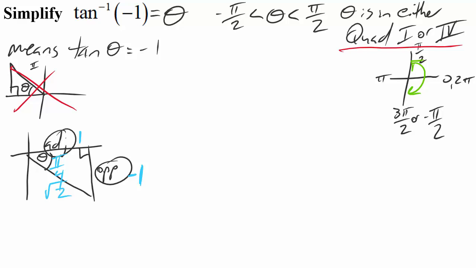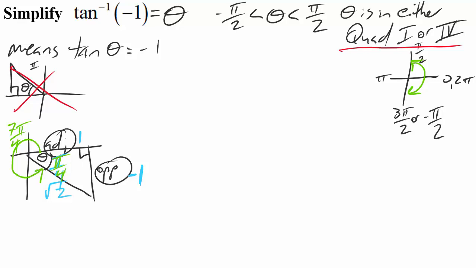Now if we were to look at our regular theta from here, and we're going all the way around until we get into quadrant 4. Now we know the reference angle, again, was pi over 4. So going in the positive direction, that tells us that our angle measure would be 7 pi over 4.